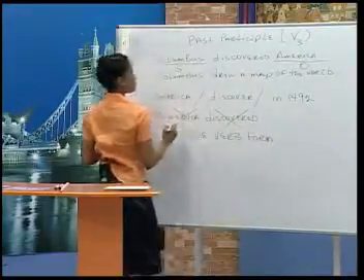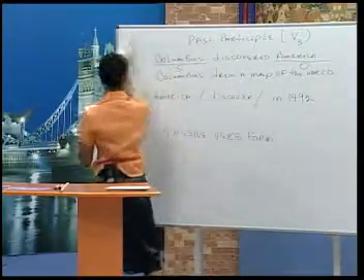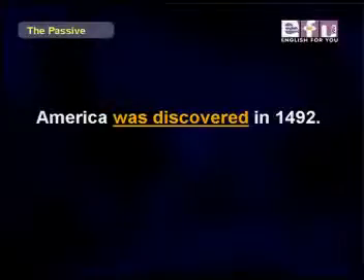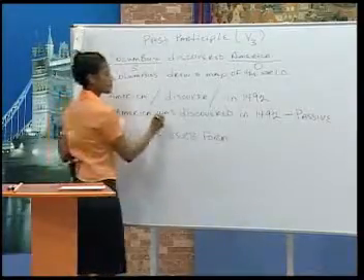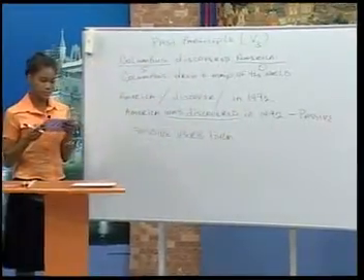Okay, so let's look at this new sentence. America was discovered in 1492. This is a passive sentence. So America was discovered in 1492.